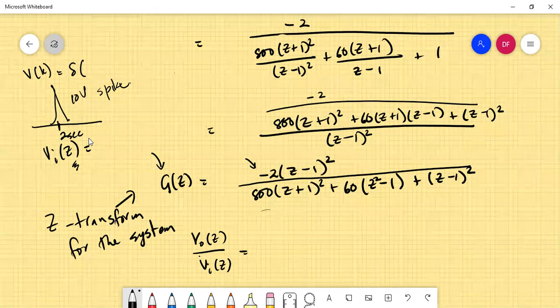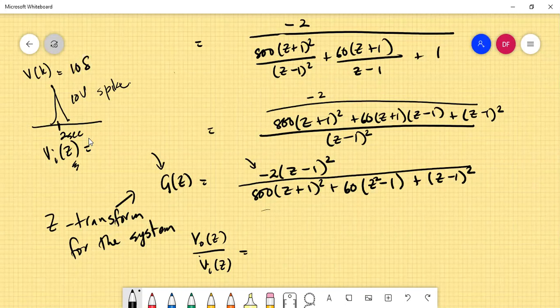So it would be 10 delta because this is a 10 volt spike at t equal 2 seconds. So it's delta t minus 2. So what would the Z transform for that be now? Then go back to the table.